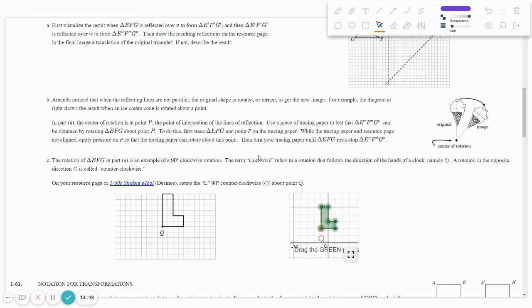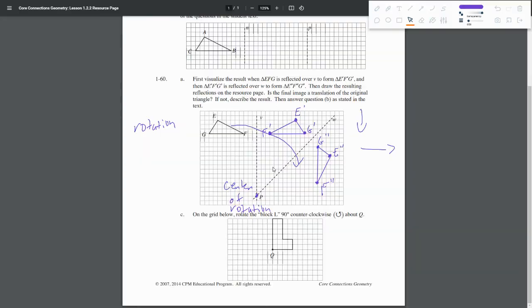Now, one observation I do want to make is, if you notice again, this is when the lines are non-parallel. So when you have non-parallel lines of reflection, it makes a rotation. Okay?